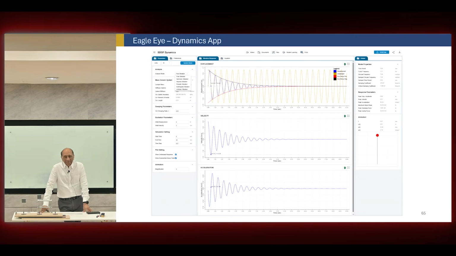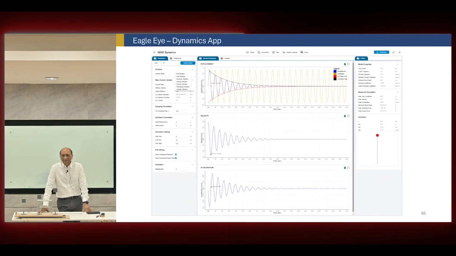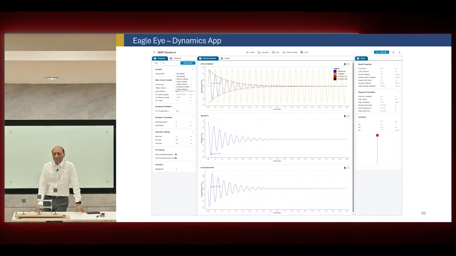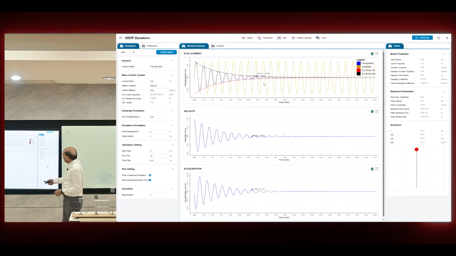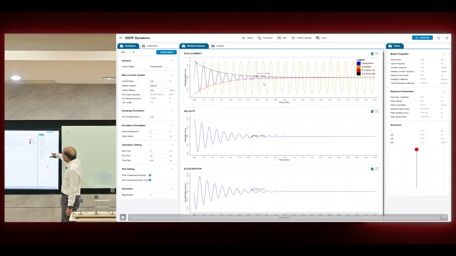So you can study them by entering the data, changing stiffness, changing mass, changing damping, and you can see the plots and the animations at the same time. So this is like a full dynamics mini course for you to try. It's like a physical lab, and that's a virtual lab. Same thing. You can see the output response parameters, modal properties, everything.